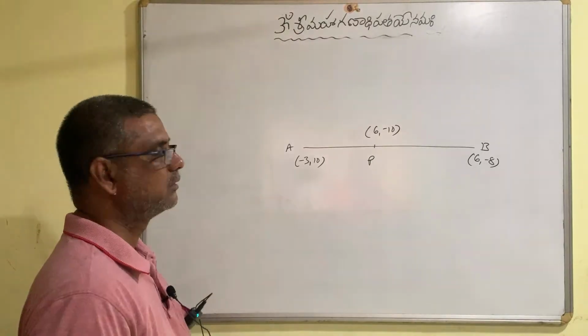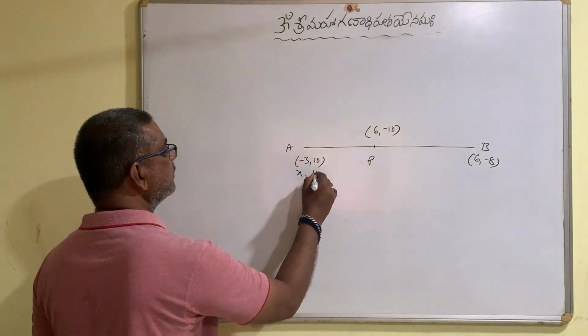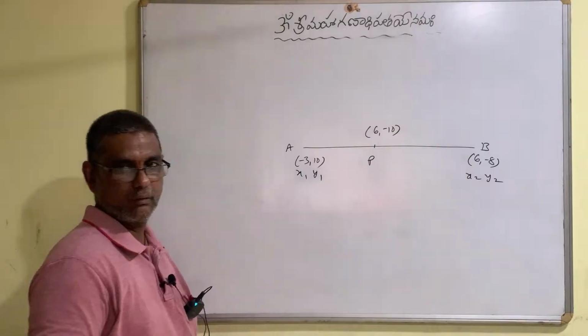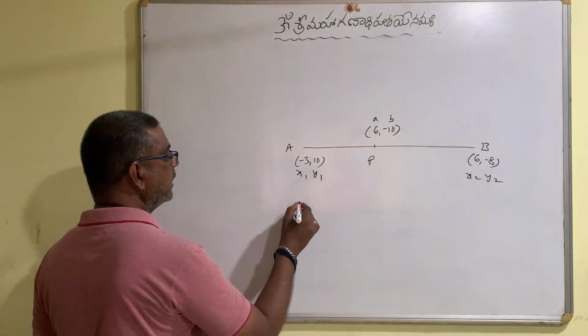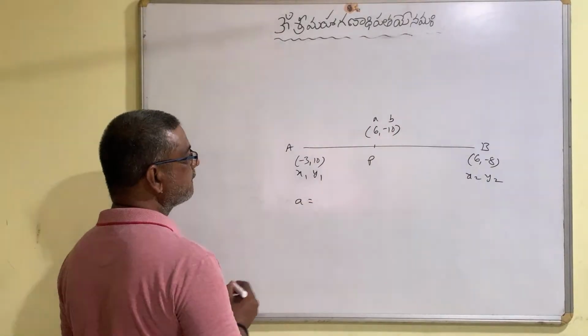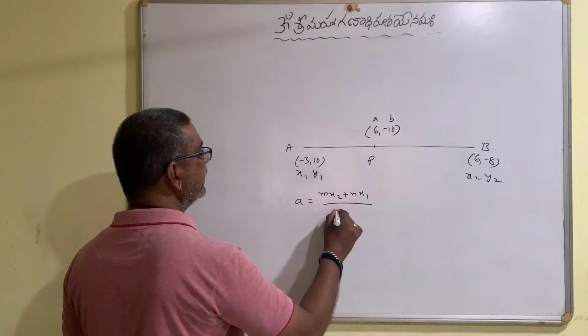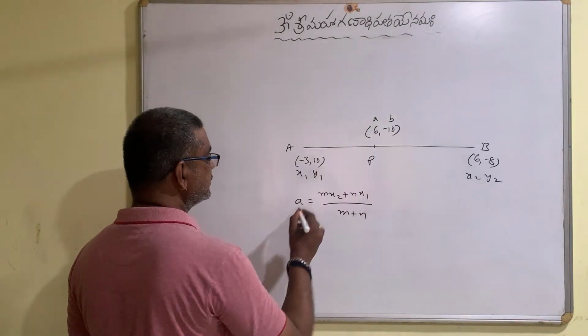Good. Now, let it be x1, y1, x2, y2, and this is A, B. And what is the formula? mx2 plus nx1 by m plus n. The x value is given as 6.